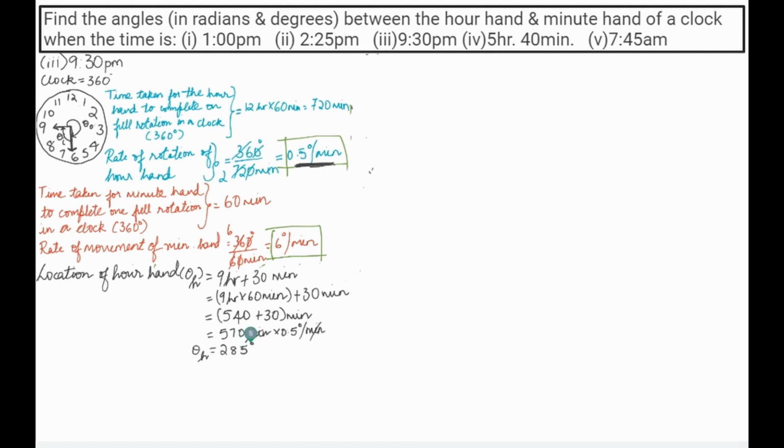Similarly for the location of the minute hand, the minute hand has moved only 30 minutes. So theta m is equal to 30 minutes, and the rate of rotation of our minute hand, that is 6 degrees per minute, which is here.